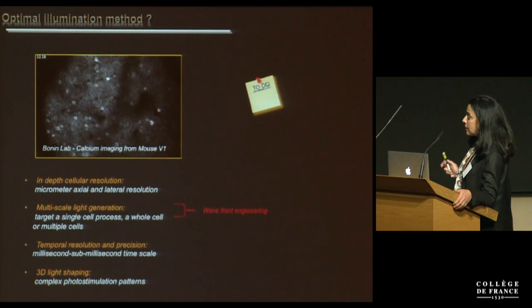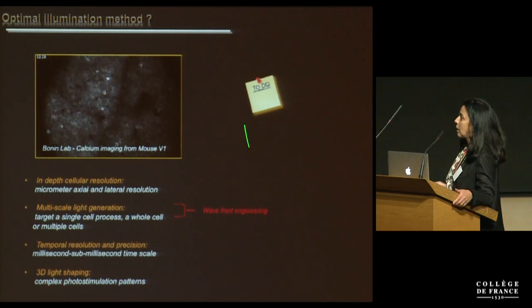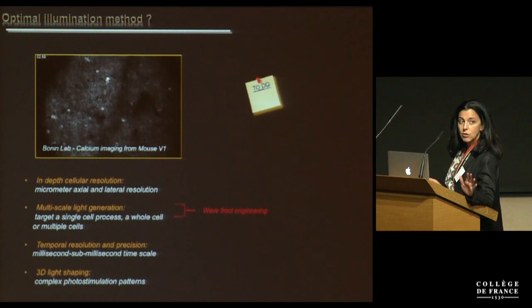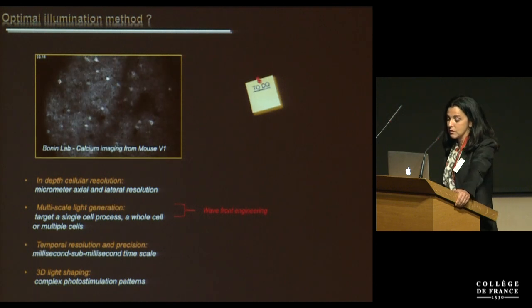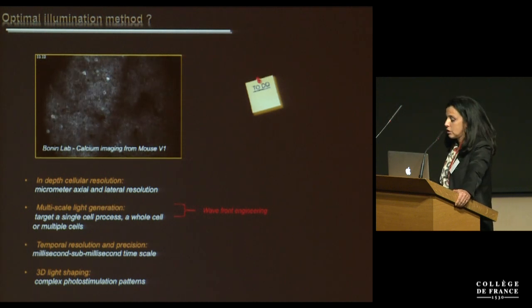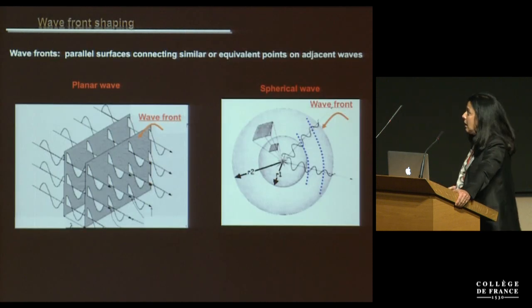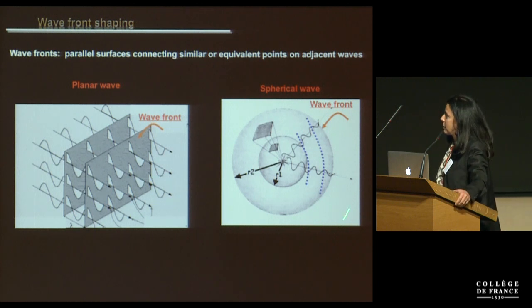So now, before entering into the details of computer-generated holography, let me just give you a couple of very basic slides, just to be sure that we all agree on some technical words that I'm using afterwards. If you want to do wavefront engineering, the first step is to be clear about what an optical wavefront is. This is a very classical example of a planar wave and a spherical wave.